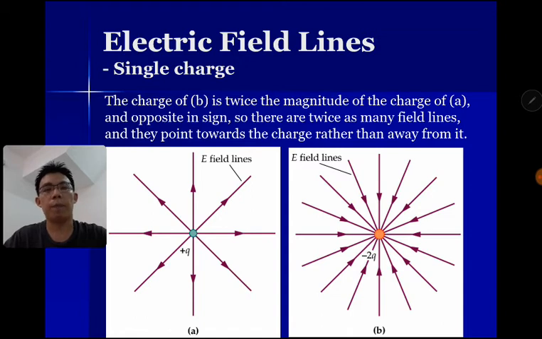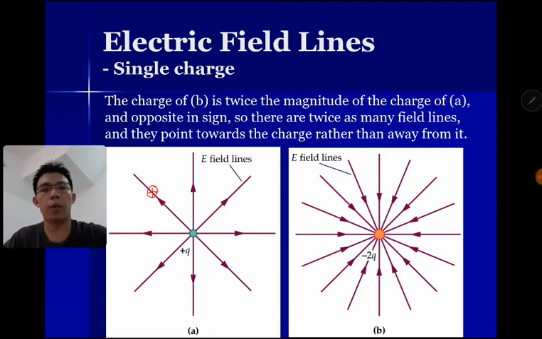That's why we have to define something behind the meaning of the arrow. You need to remember this because it's quite important. It's actually showing you the direction of force when we place a positive charge inside. So let's say I place a positive charge here.